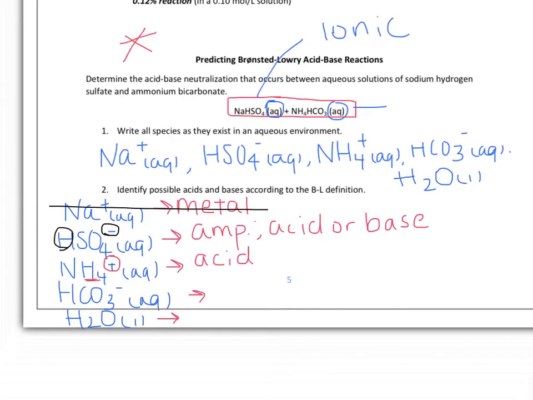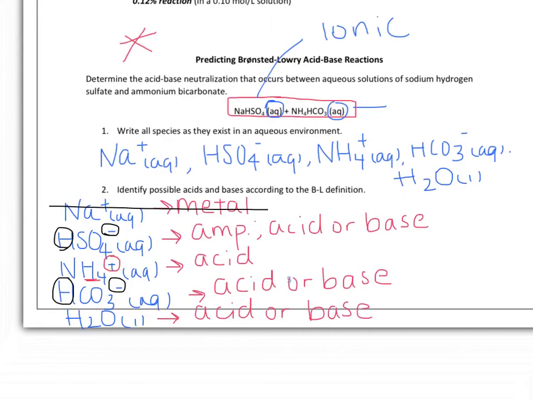We have HCO3-. So again, we have a hydrogen in the front and an overall negative charge, meaning this can be an acid or a base. And we have water. And recall from our lesson on amphoteric species, that is the one exception to the rule, and water can also be an acid or a base.